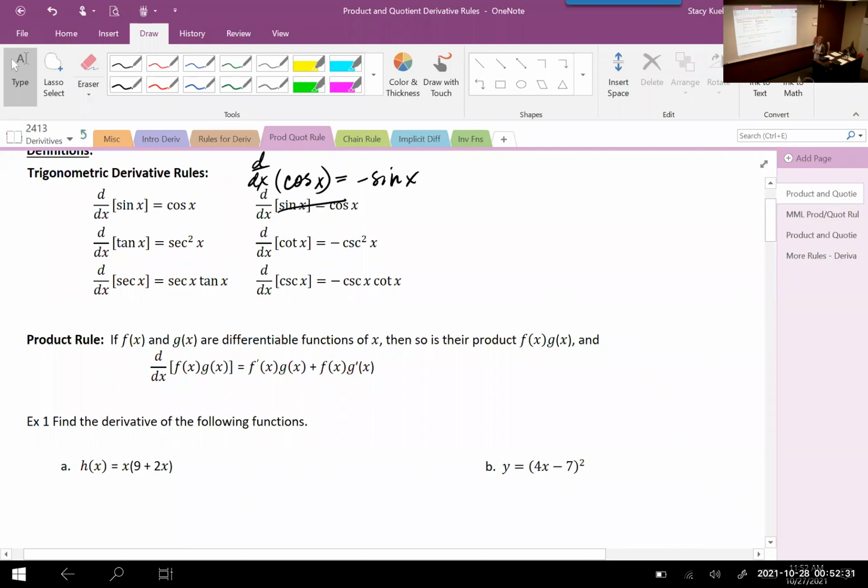The product rule says if f and g are both differentiable functions of x, then the derivative of the product f of x times g of x is the derivative of the first function f times the second function g plus the first function times the derivative of the second. That's what that says.